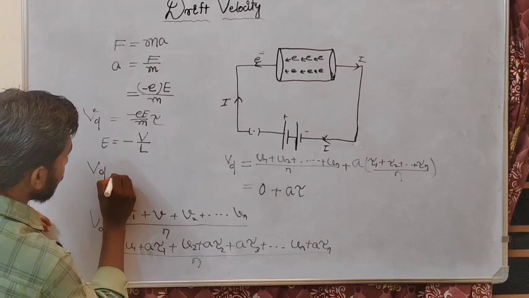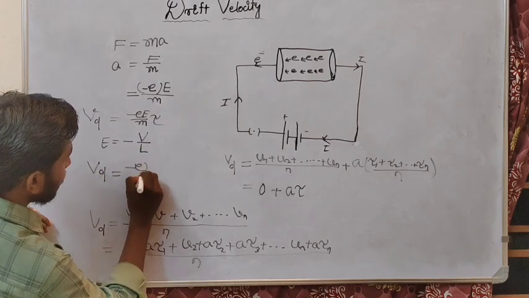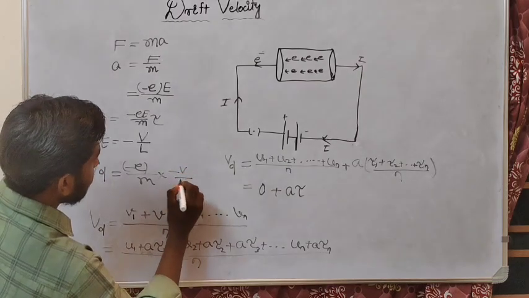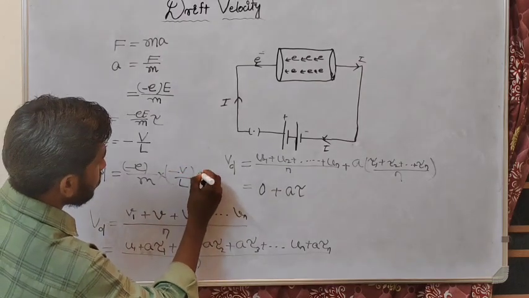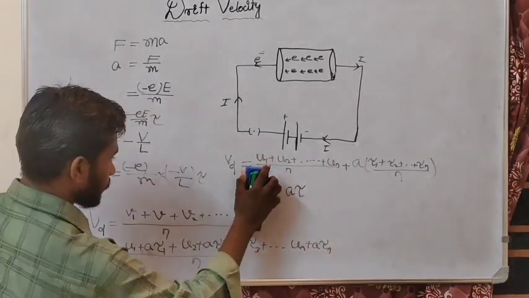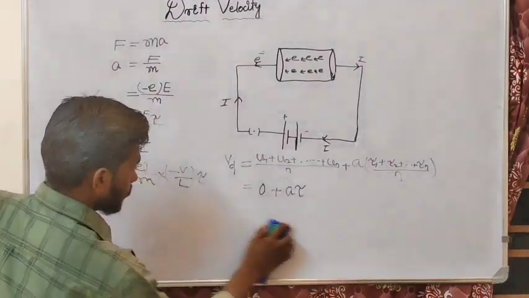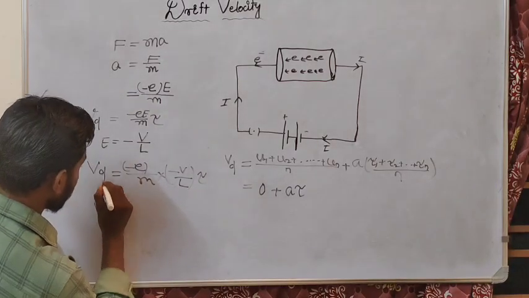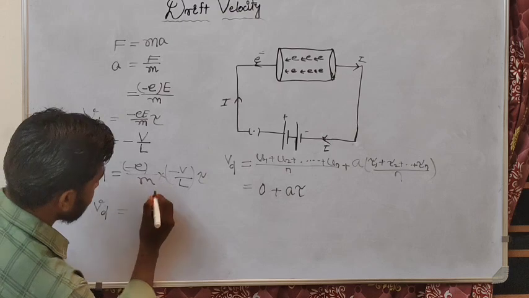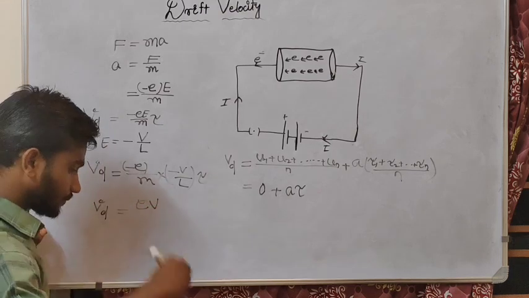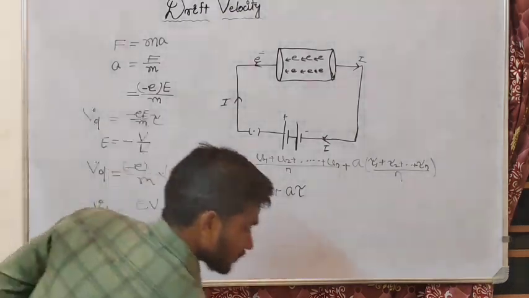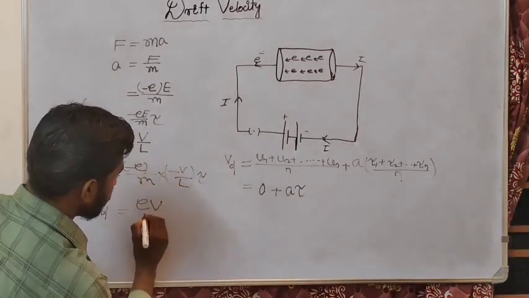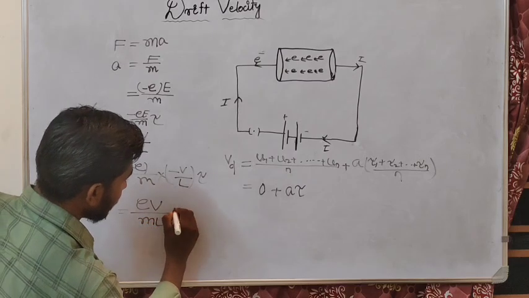Now the drift velocity becomes minus e by m into V by L into tau, and we get the drift velocity equal to eV by mL tau.